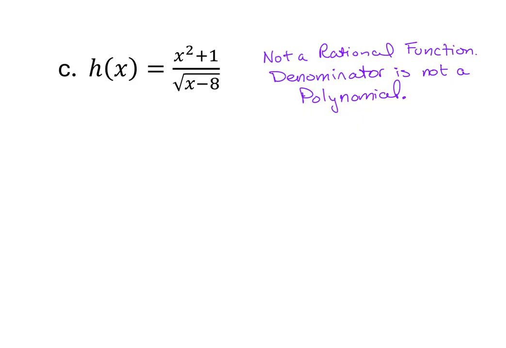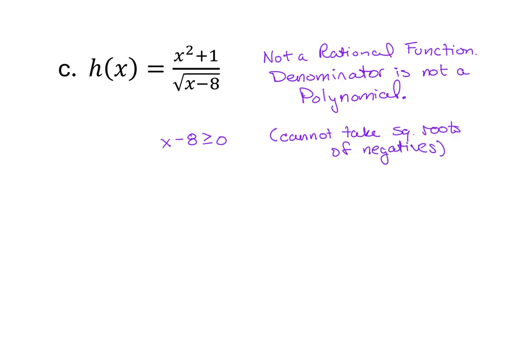All right, the first thing that we have is x minus 8 has to be greater than or equal to 0 because, remember, we cannot take the square roots of negatives. This was if it just existed by itself. Now, we do have one more condition.